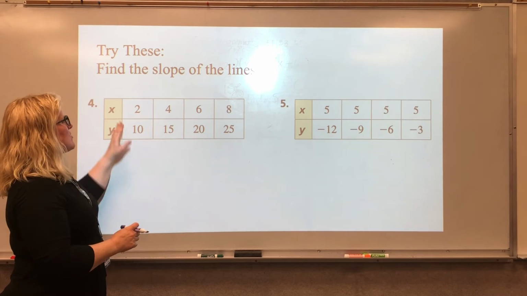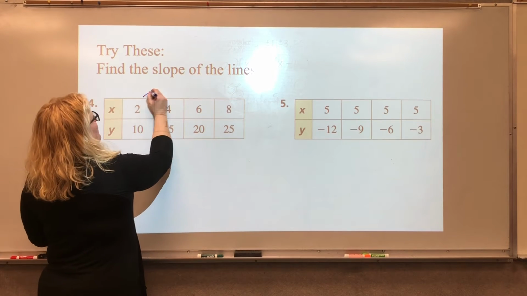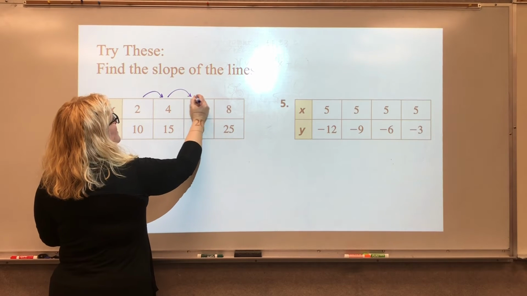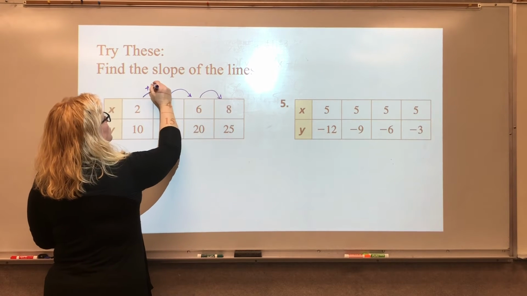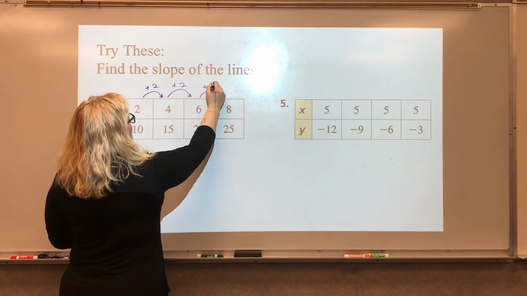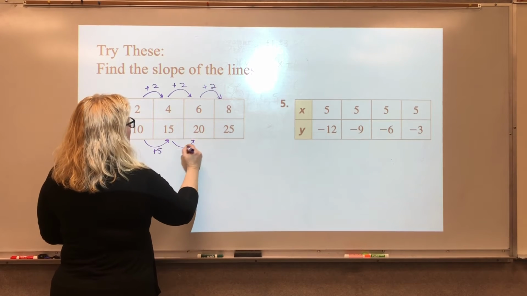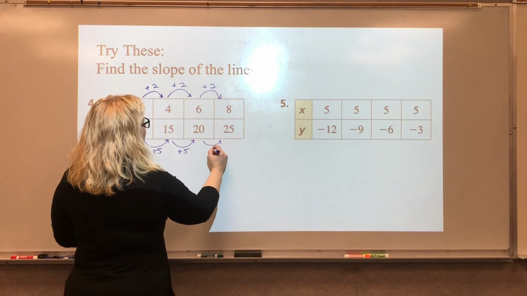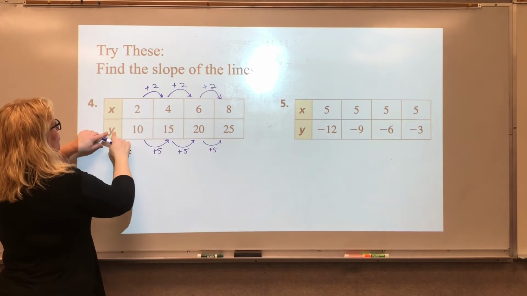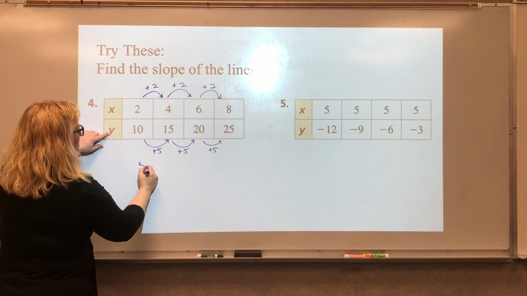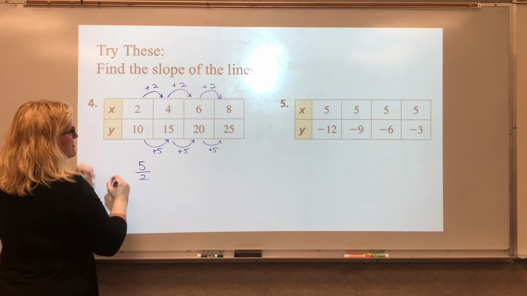All right, so let's see what we've got here. We've got x going up by 2's. And we have y going up by 5. And remember, I have y over x. So this is 5 halves.